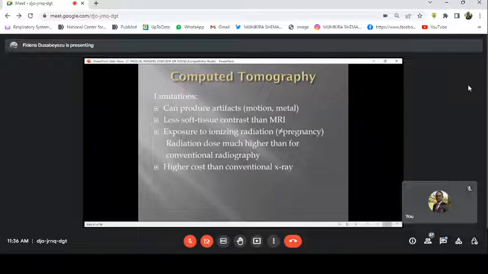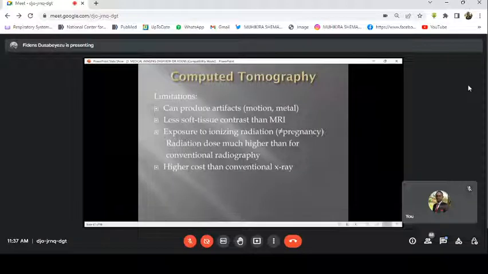Limitation number two, it has a low contrast resolution for soft tissues, like muscles. CT scan is not that good compared to MRI. MRI can differentiate and diagnose more from the soft tissues than CT scan.